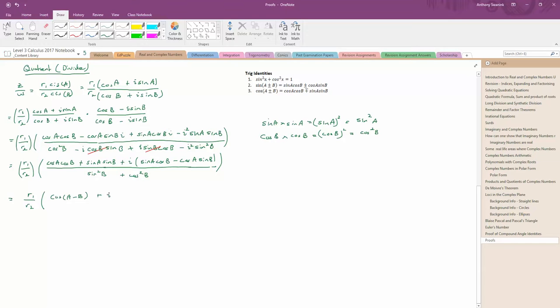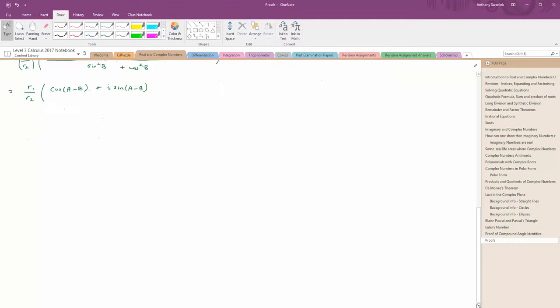and then the imaginary part, sine A cos B, that looks like the second identity, minus, so that's the bottom line here, cos A sine B. So that matches on the left with sine of A minus B. And so what we have then, and remember the bottom line was equal to 1, so let's just simplify this further.